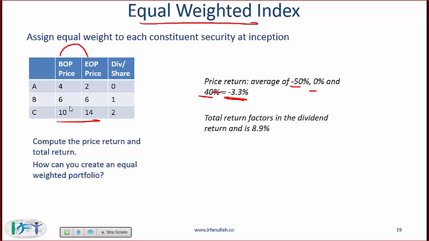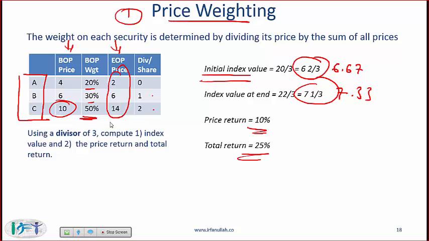In the previous scheme, a lot of weight went to stock C because it had the highest price, and since that had gone up, the overall index in the previous example had a positive return.